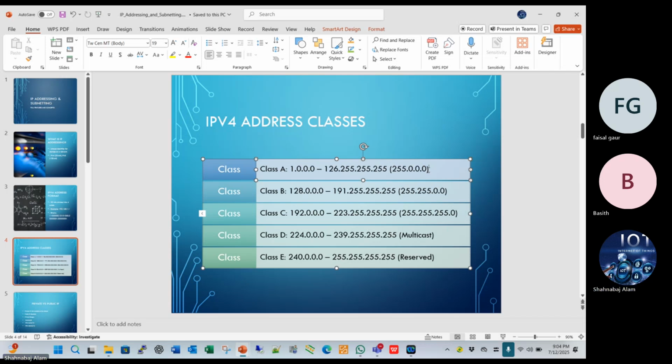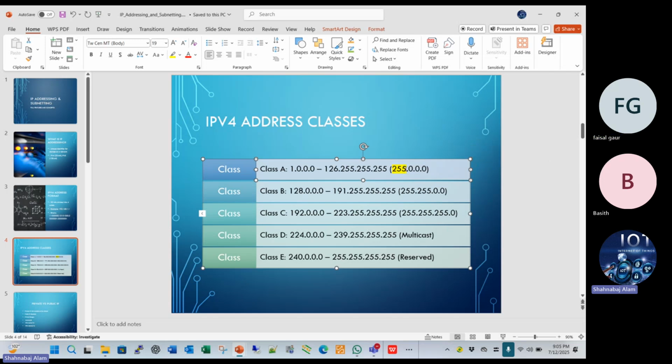Okay, I will explain. Suppose this is class A. This is the network ID, and these 000 are the host. So only 8 bits are on, and the other 24 bits are off. This 255 is the network ID, and the 000 is the host ID.